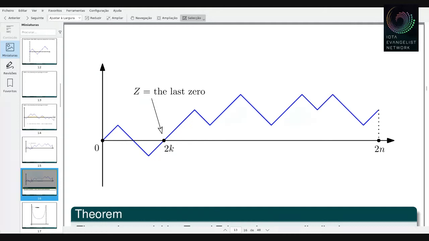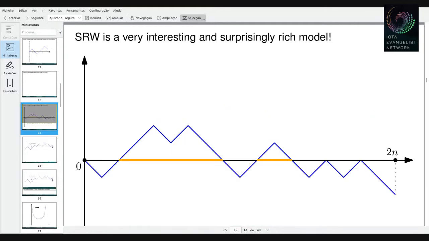Moreover, let me go back a little bit to this picture. Intuitively, when you think about this trajectory, you think that, okay, it will go down, then go up, then go down, then go up, then go down, then go up. It will kind of oscillate like this, right?